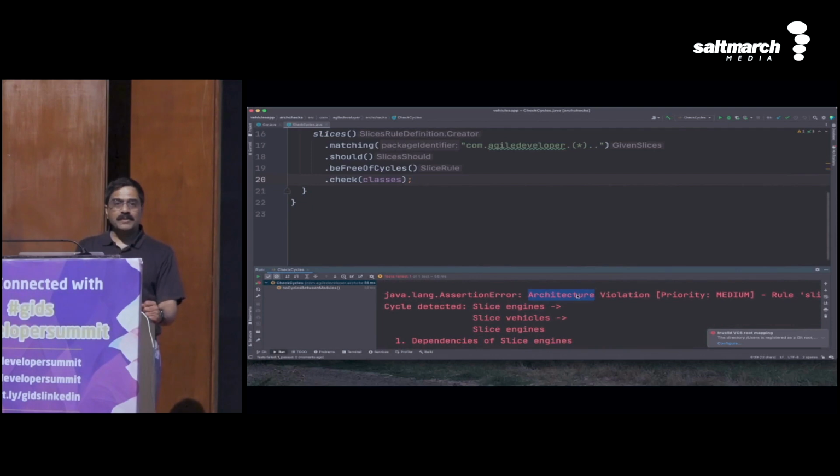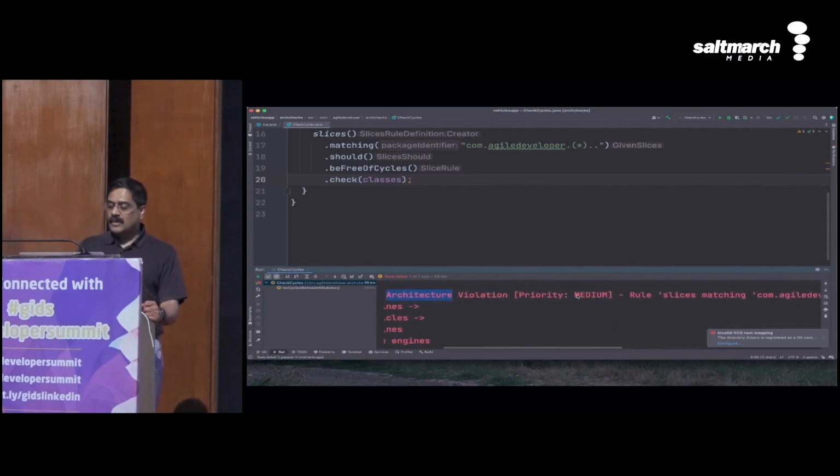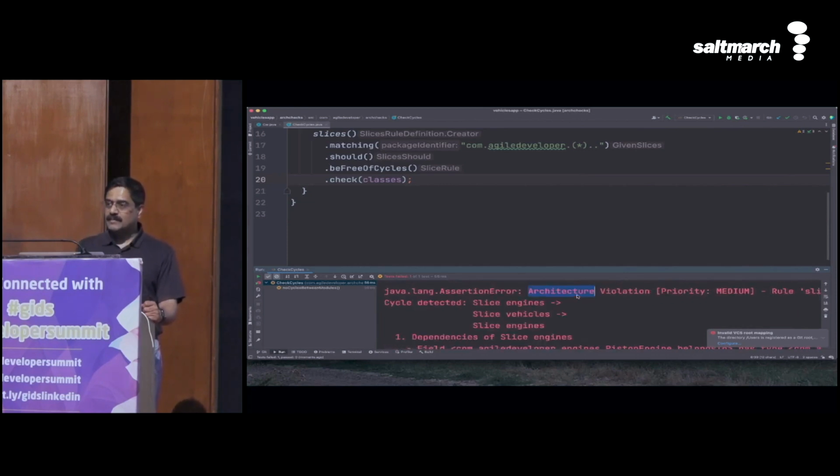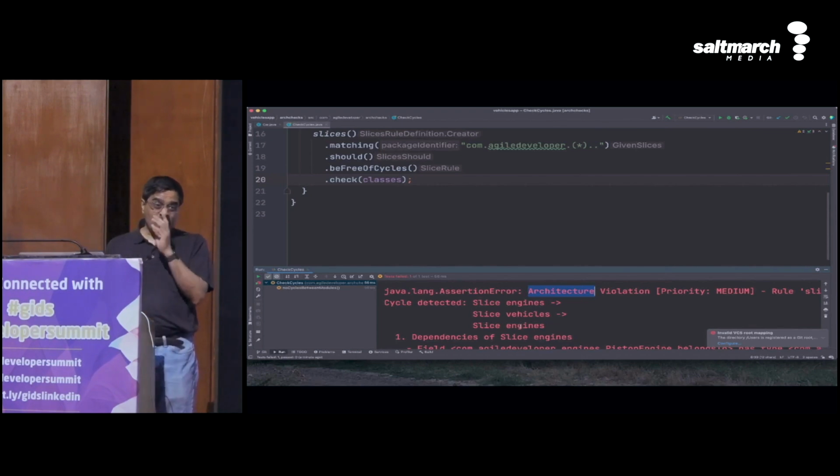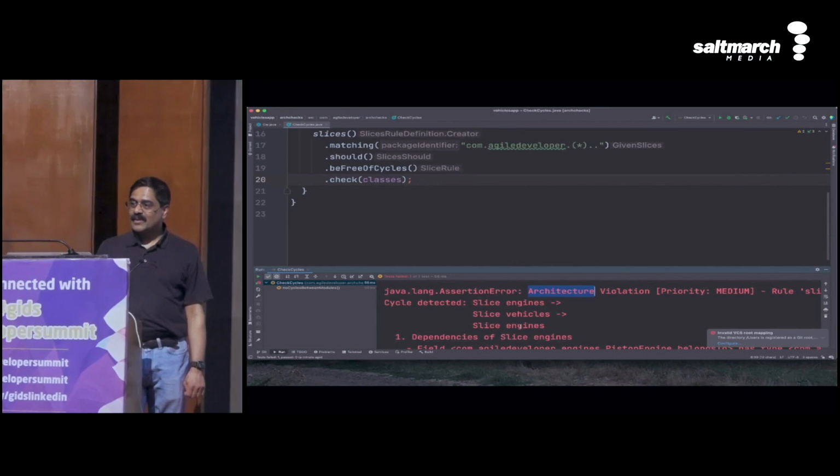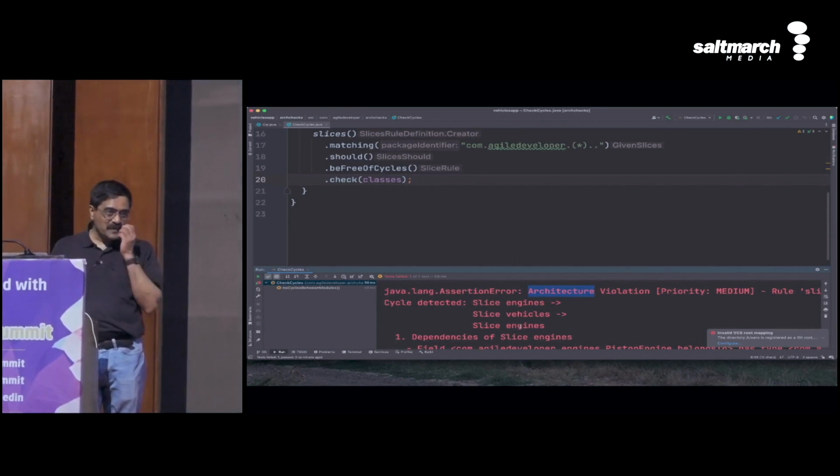architecture violation. The rule, slicing matching, should be free of cycle, was violated. One item. This couldn't be any simpler, right? Cycle detected. Sliced engine depends on vehicle, and vehicle depends on engine. Couldn't be better error, isn't it? It not only says there is a cycle, it shows you where the cycle is for that little effort.